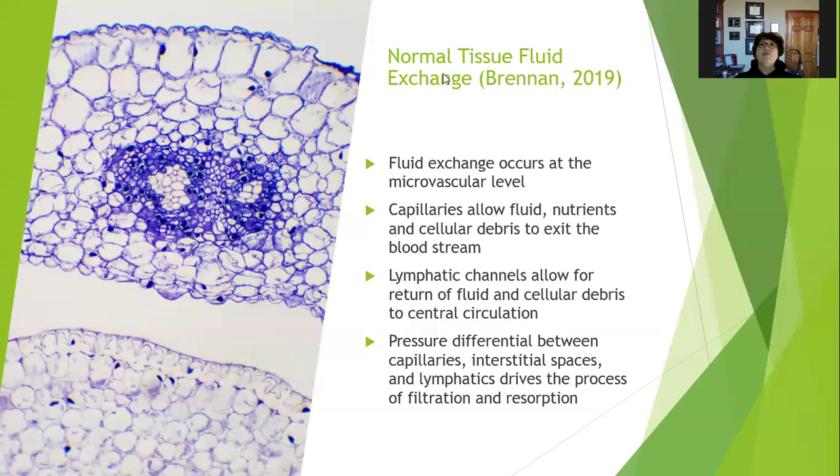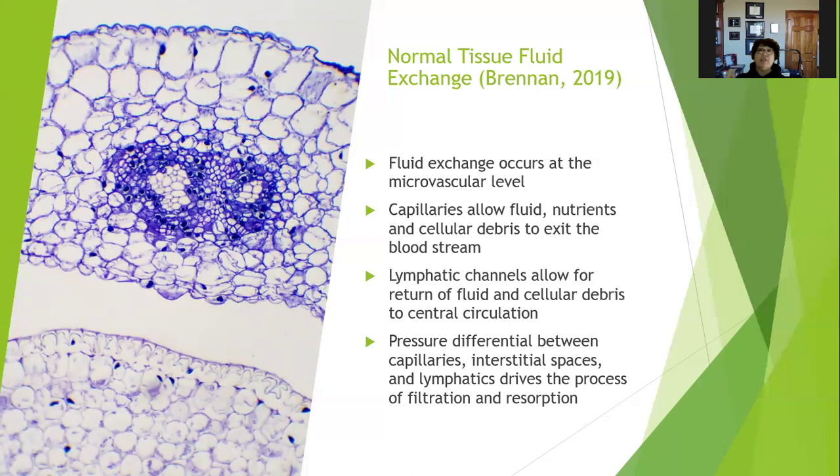So normally, in our normal tissue, fluid exchange occurs at the microvascular level in those capillary beds, and the lymphatics are involved there too. Capillaries allow fluid, nutrients, and cellular debris to exit the bloodstream, and lymphatic channels allow for the return of fluid and cellular debris to the central circulation.